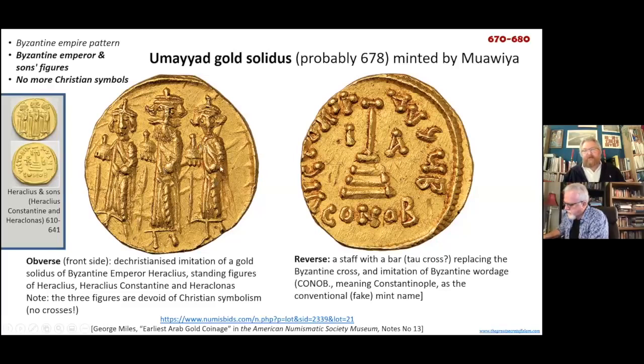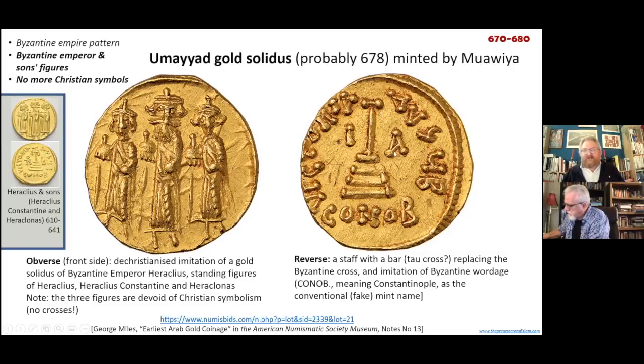This is a statement of mockery because the de-Christianization that we can see on this cross is about taking off the crosses from the emperor and from his sons, and also on the reverse, putting instead of having a fully fledged Byzantine cross, like it should be, a bizarre thing.